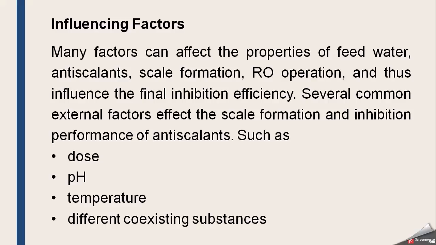These are some common factors, very famous, not unusual, like how much antiscalant we dose in the system, what the pH of the feed water is, what the operating temperature is, and what impurities, or different coexisting substances, are present in the water.